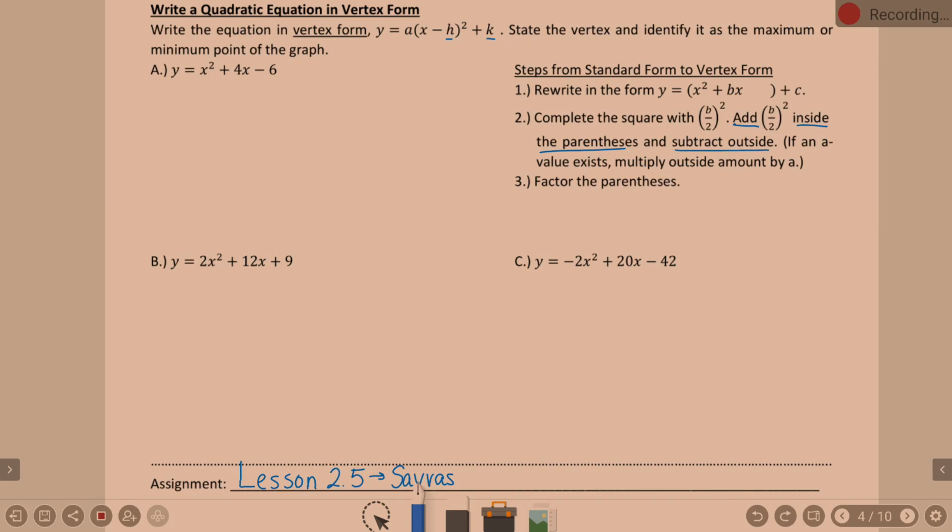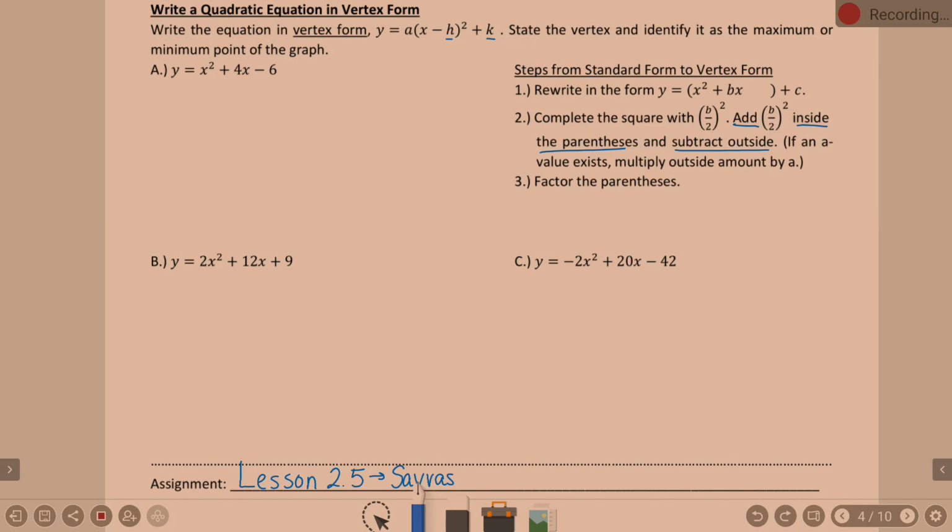I'll go through that with you. Then if an a value exists, you'll multiply the outside amount by a, and we'll talk about that. And then you're going to factor the parentheses. Once it's factored, you're in vertex form. Okay? So let's look at a, and I'll walk you through the steps.